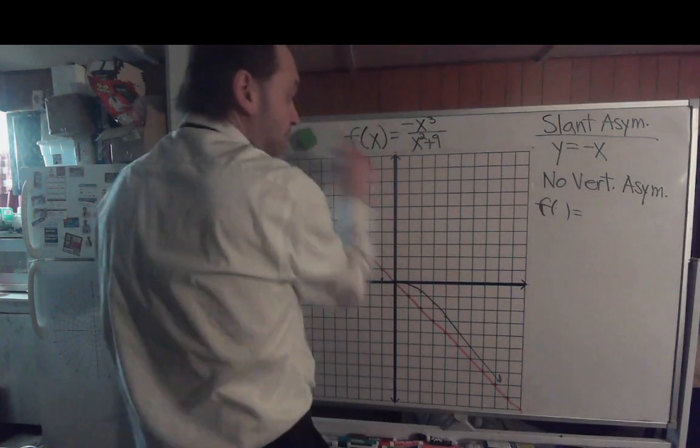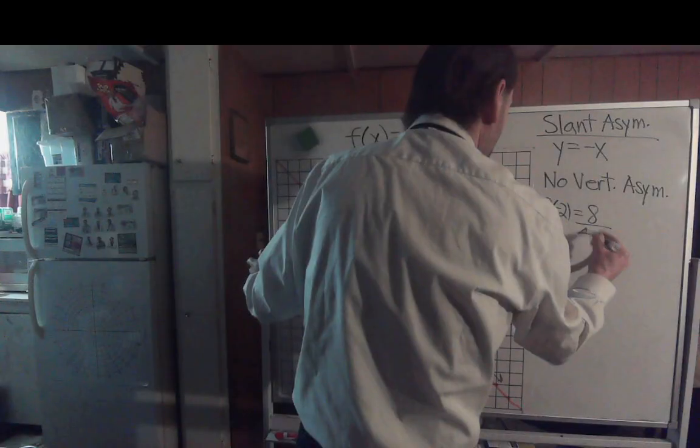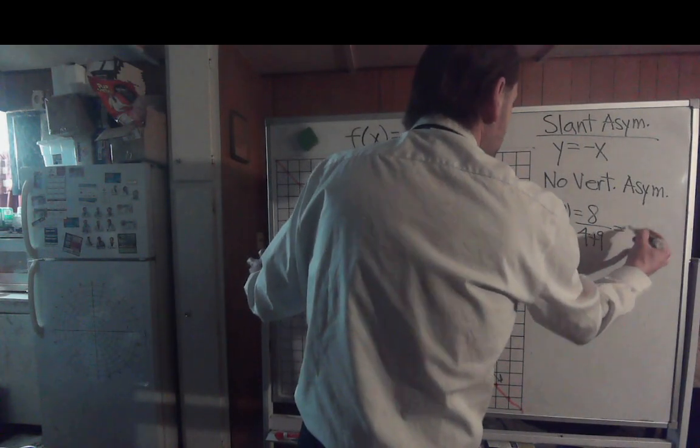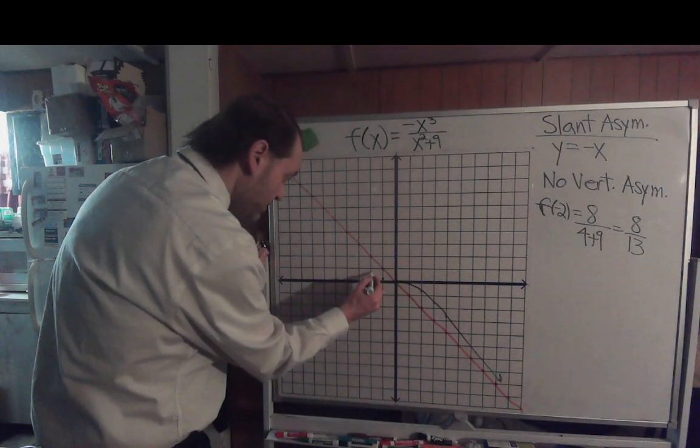And then let's do negative 2. X equals negative 2 would give me positive 8 over 4 plus 9, which would be 8/13. So that's a little over half.